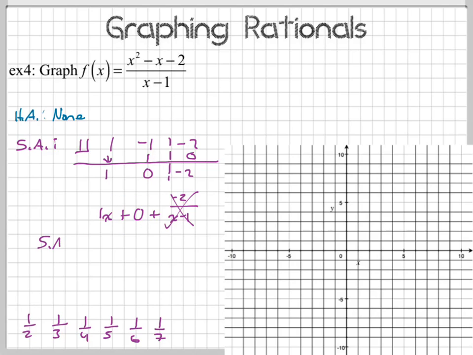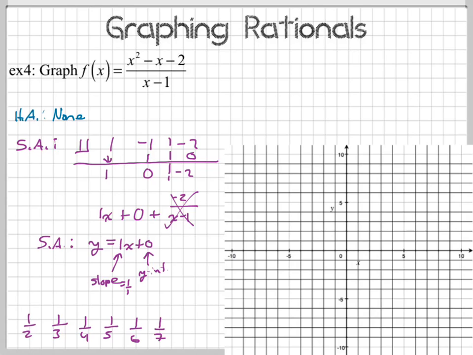Your slant asymptote equals y equals 1x plus 0. Now, you don't need a plus 0 because, you know, it's plus 0. I'm just writing it because I want to remind you guys, this is the y-intercept, and this is your slope. If your slope is an integer, just throw a 1 underneath it, so you have a rise over run. So your slope would equal 1 over 1, so you know you go up 1, then right 1.